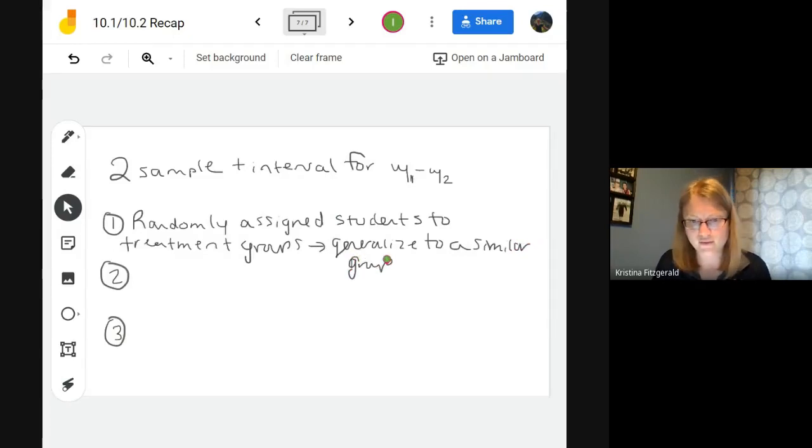Okay, and then for the other 2 conditions, we have to do the 10% and we have to do large counts. With the large counts condition, we do have 3 options this time, so that's where it gets a little dicey.